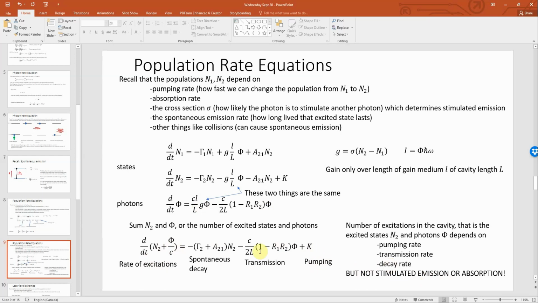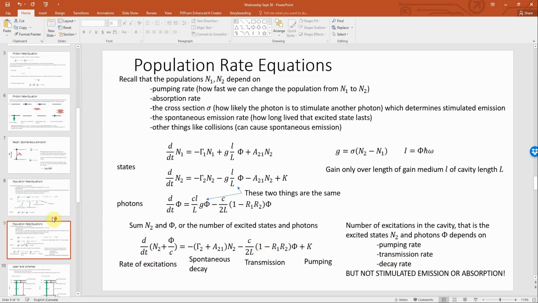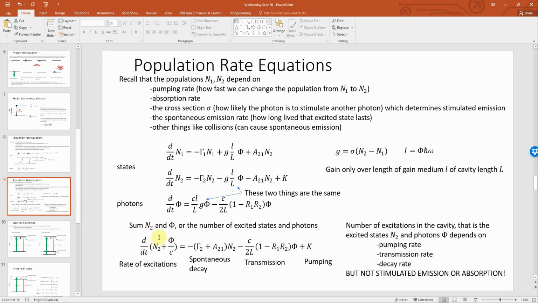And this is a problem, okay? This means that we can't actually create a higher N2 than N1. And that's because this gain here, or this absorption cross-section here, is equivalent to the absorption cross-section here.